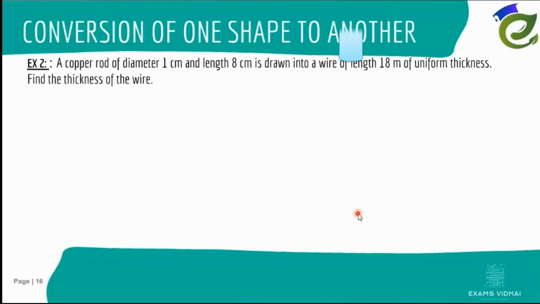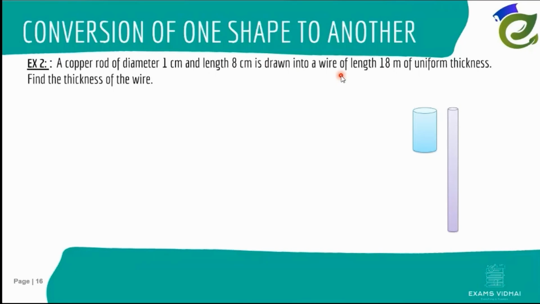Okay. A copper rod of diameter 1 centimeter and length 8 centimeter is given, which is drawn into a wire of length 18 meter of uniform thickness.